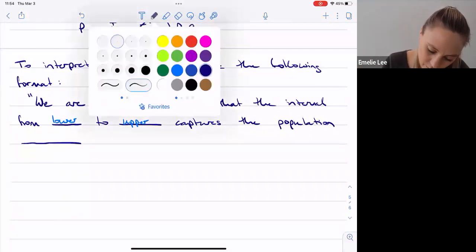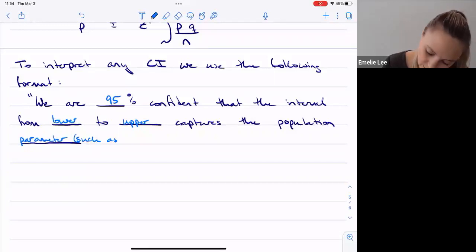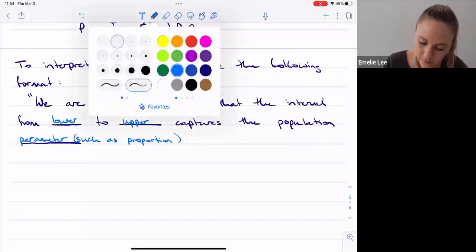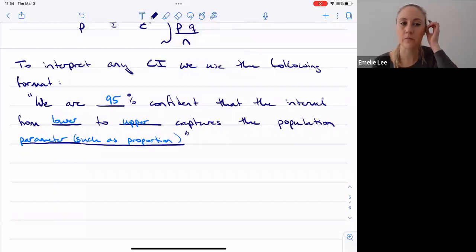Okay. Where blank is the parameter, such as proportion, right? Okay. And usually the parameter, the population of interest, it's part of the question.